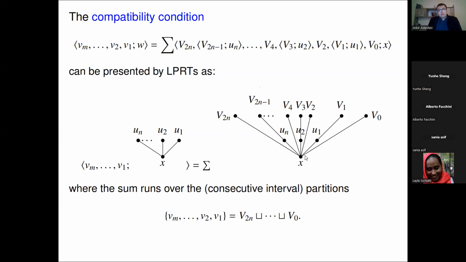They have the same root x, and v_0 is grafted to x, and v_1 is grafted to u_1. v_2 is grafted to x, the root, and v_3 to u_2, and so on, and so on.